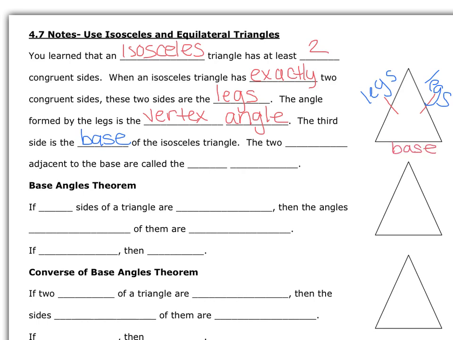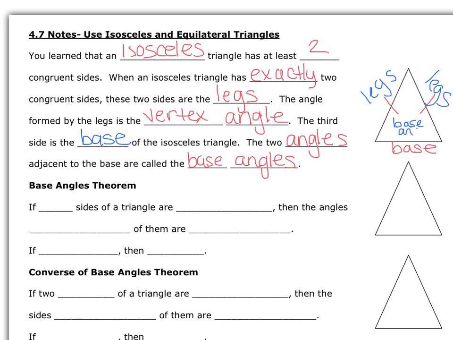The two angles that are adjacent to the base are called the base angles. So those are right here: this angle here and this angle here, those are our base angles.